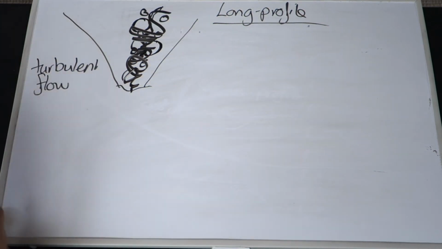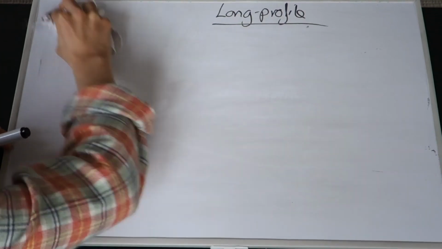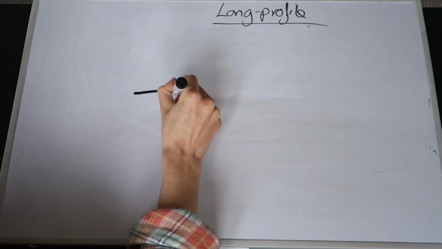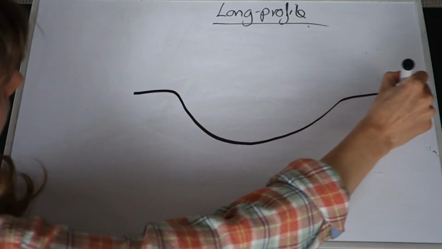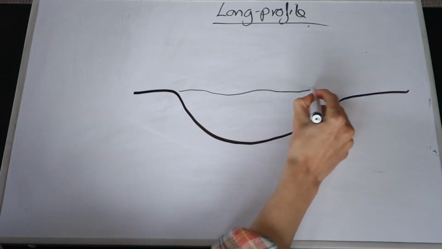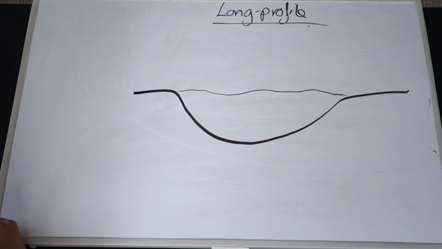Let's look at the river channel in the lower course then. Got our wide river channel. So what's the load of the river like in the lower course? Well, it's going to be small because it's been eroded by hydraulic action, abrasion, solution and attrition.